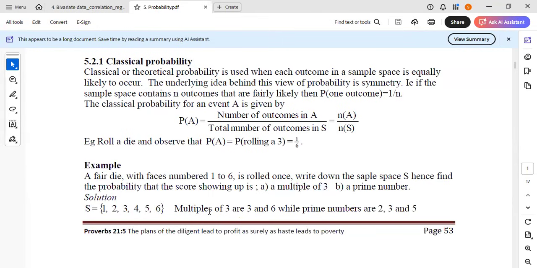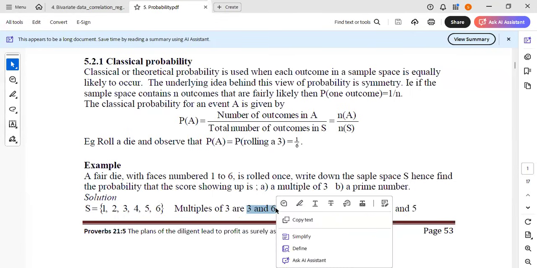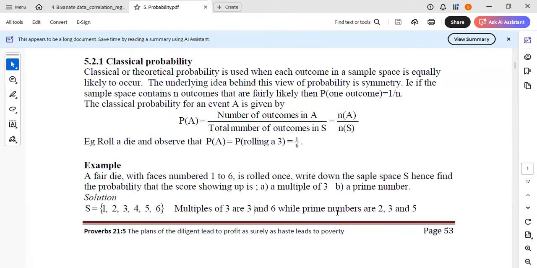Multiples of 3 can only be 3 and 6. So those are the only multiples of 3. And then prime numbers. You know what prime numbers are: numbers that can only be divided by 1 or itself.